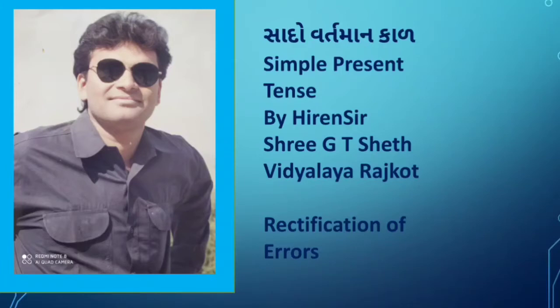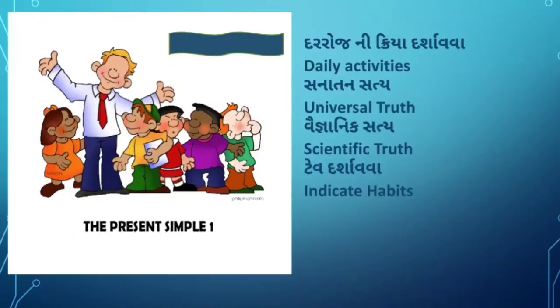asked. Now, if you know the simple present tense very well, then you can find out which verb form is to be used regarding this. So, we will go for the simple present tense.